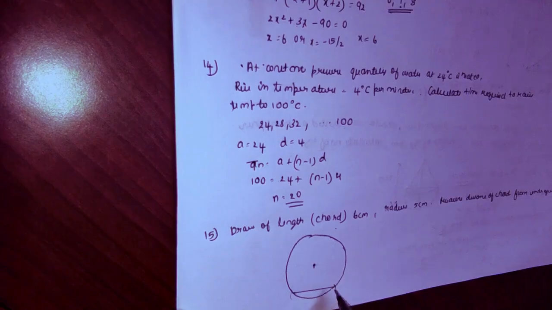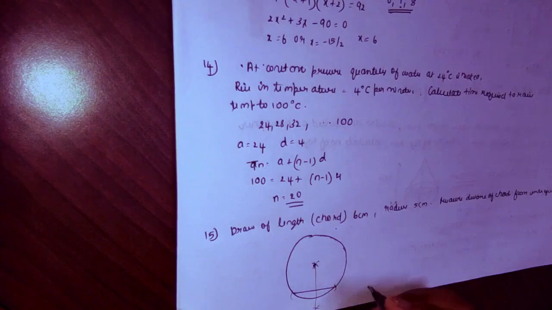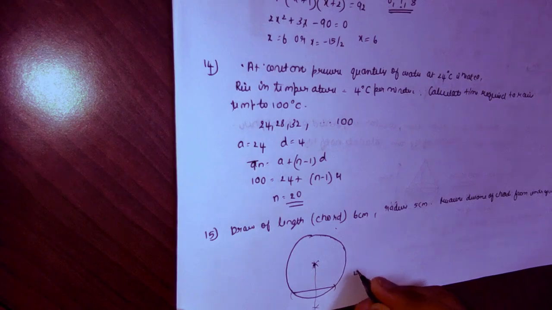Then from this arc cut the circle here, and from this arc cut the circle here, and you have to cut both ways. Then draw a straight line here, since the length of the chord and the radius are given. When you draw it properly, you'll get the distance of the chord from the center O, that is 4 centimeter.